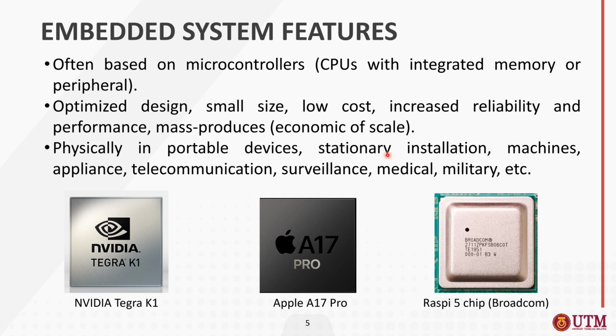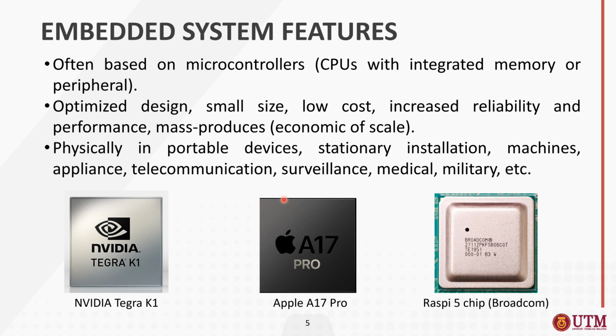Right? So basically, inside the embedded system, they have microprocessor. Okay, so the microprocessor, for example here, the NVIDIA Tegra K1. This is a microprocessor embedded system, which is used for deep learning. All right, and then the next one is the Apple A17 Pro chipset or microprocessor, which is used for the newest iPhone, which is iPhone 15 Pro Max or iPhone 15 Pro.